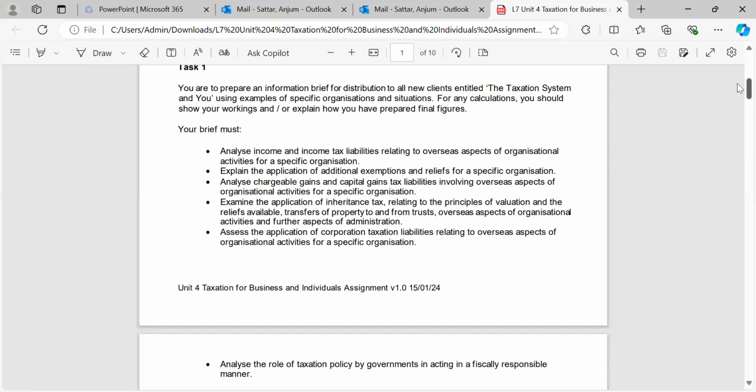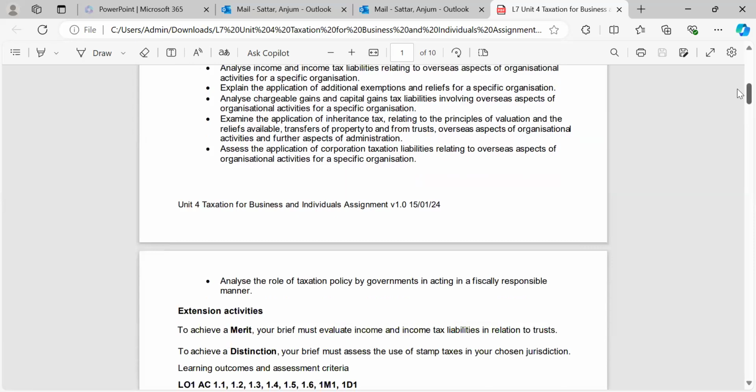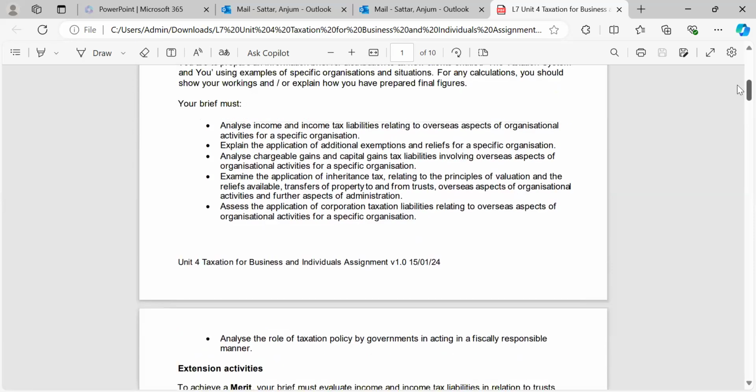So, in lesson 1 we had a discussion about income and income tax liability relating to the overseas. We have elements like, if you're not resident, the tax rules applied accordingly, and explain the application of additional exemptions or reliefs, like transferring the marriage allowance.